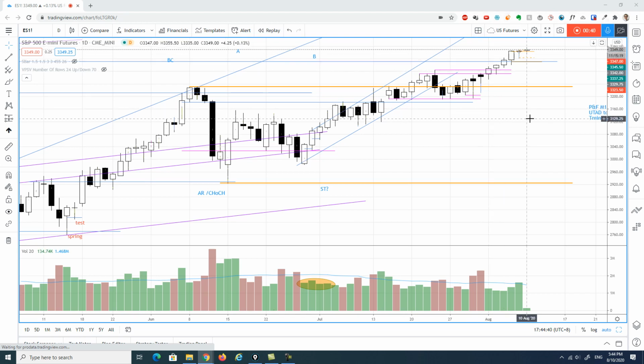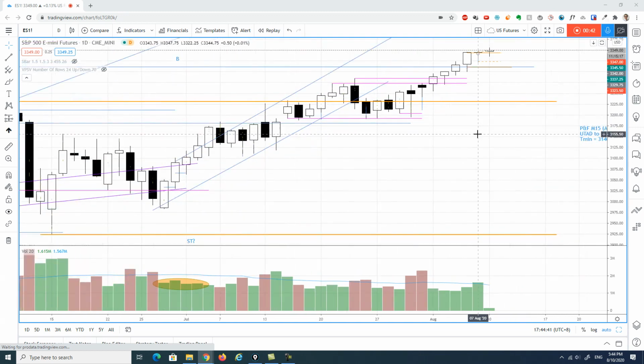As we can see in this daily chart for the S&P 500, last Friday was an interesting day. First of all, I think we have seen this kind of demand tail with an increase in volume.